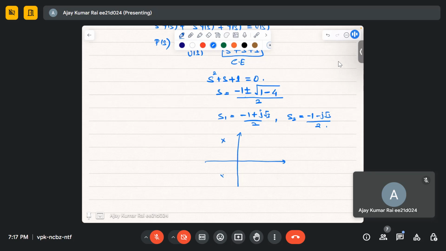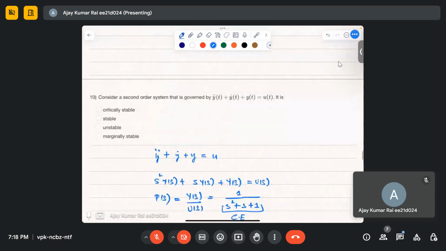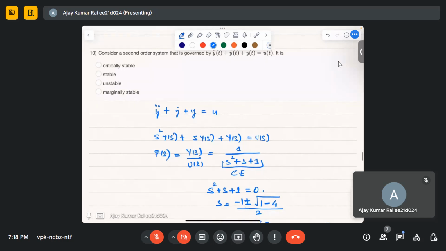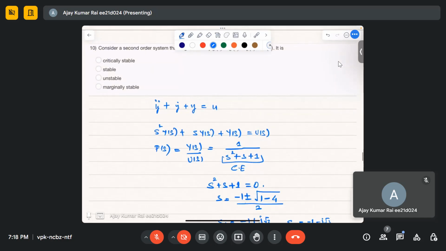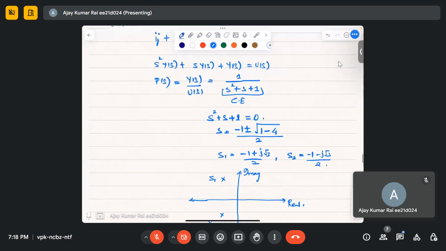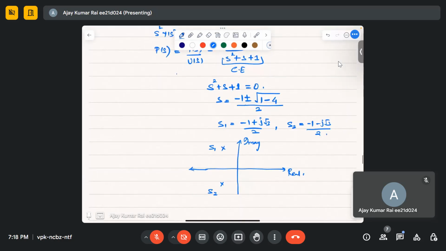This is S1 and this is S2, right? How can we say it's lying in the left hand side? Because you see the real part is minus 1 by 2. So this will be S1 and this will be S2. So what can we say about the system? Critically stable, unstable, marginally stable? Please answer in the chat box.